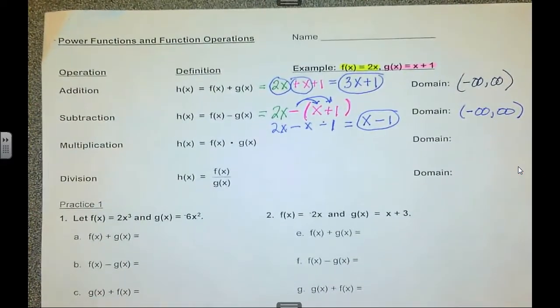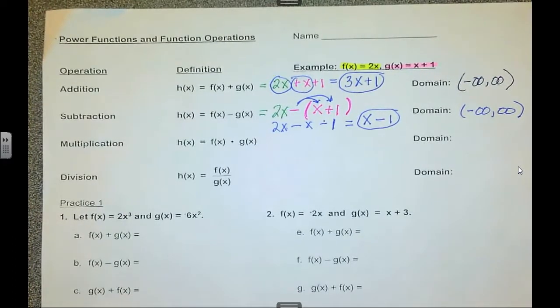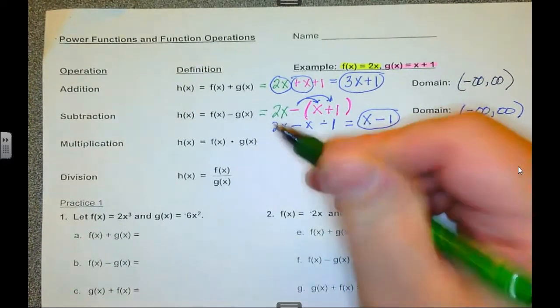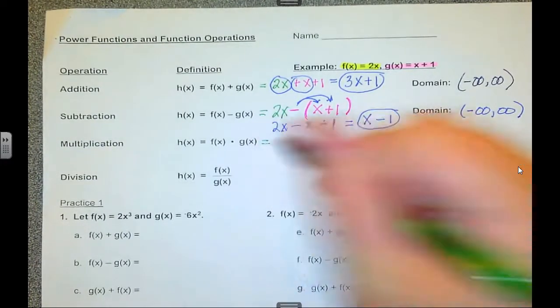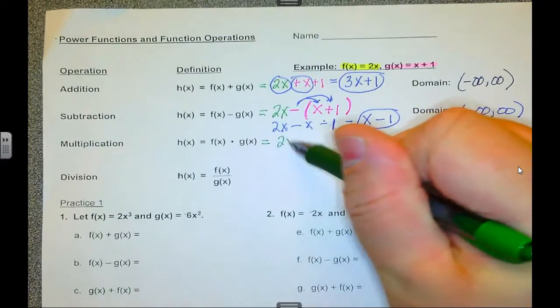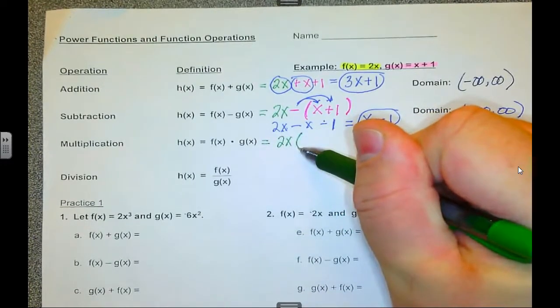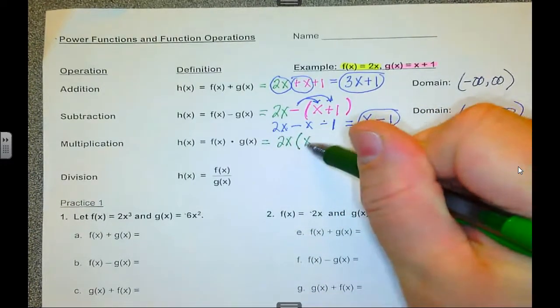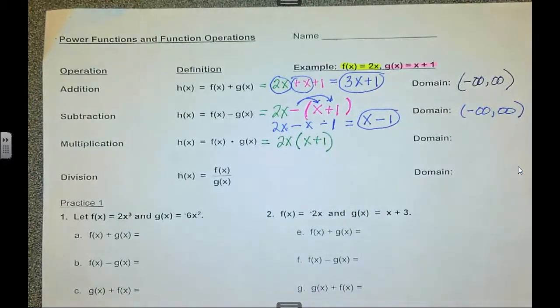Now we multiply. I'm going to multiply my f of x, which is 2x, and I'm going to multiply it to my g of x, which is x plus 1.